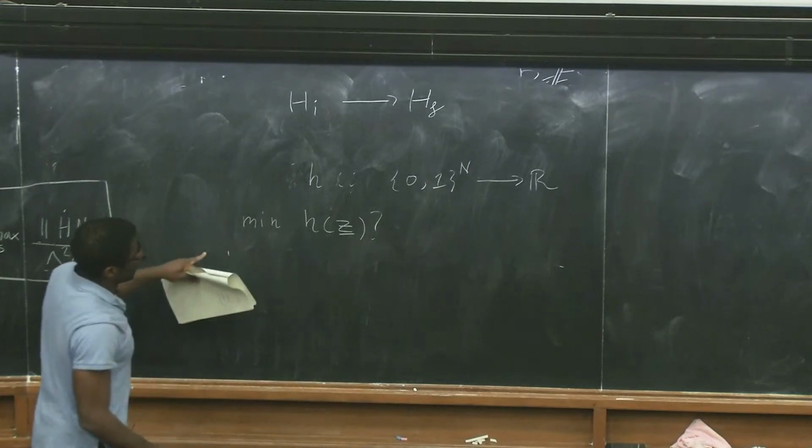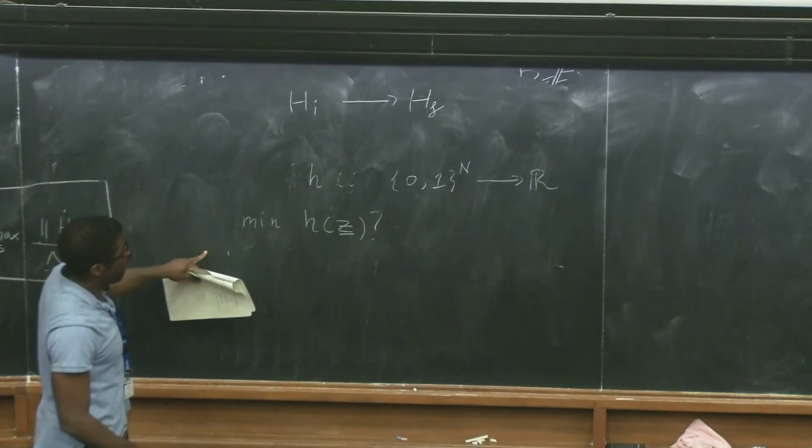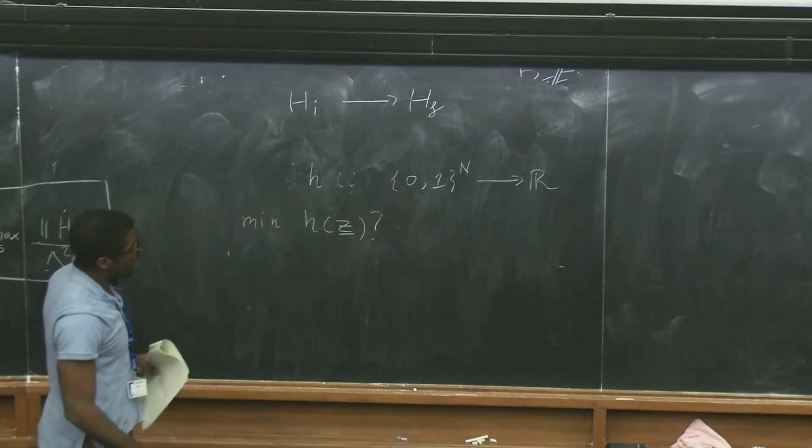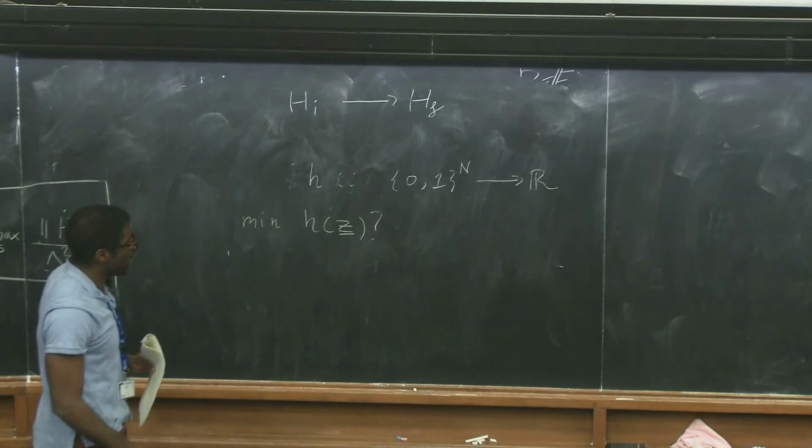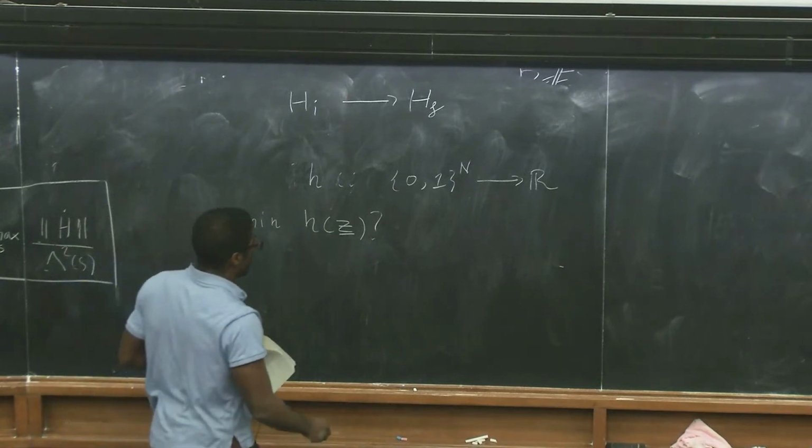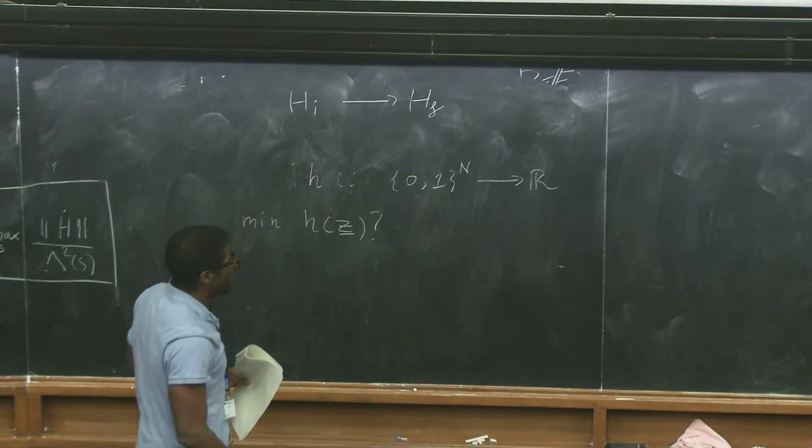So this is an optimization problem because we are given a classical function and we want to find the zeta that minimizes the function.